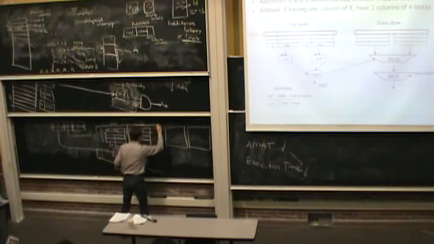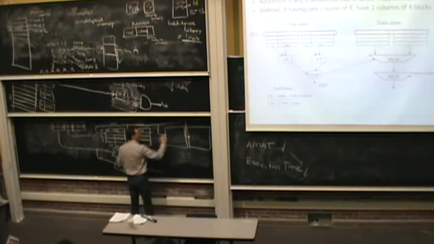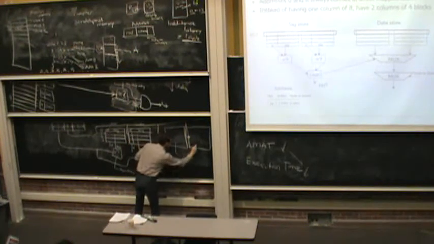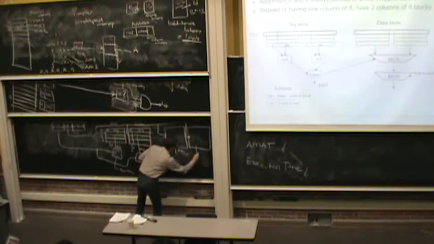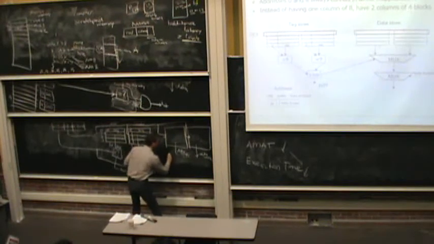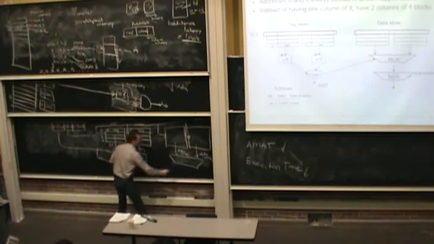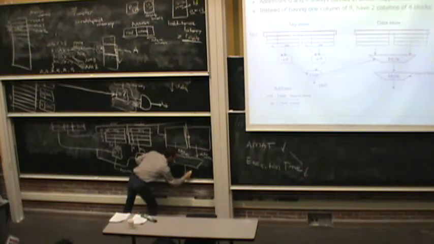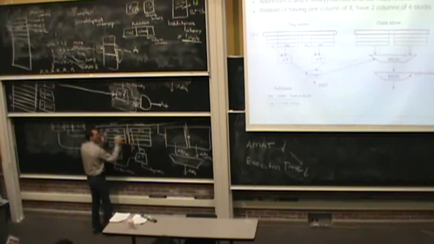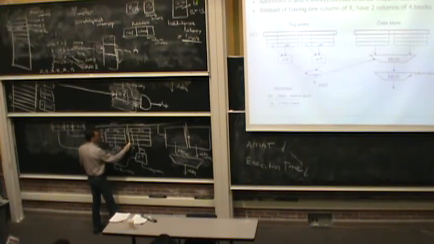And of course, once you get the hit, you need to select the data. At the same time, you index both of the data stores and get the data in both of the ways: data in way 0 and data in way 1. And you need to figure out now which data to pick, right? This is really your output data, and that depends on which way you got a cache hit on.